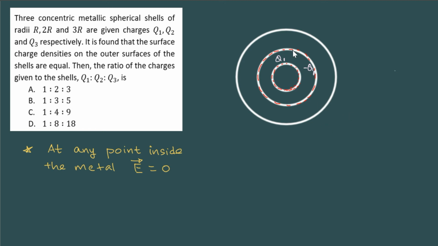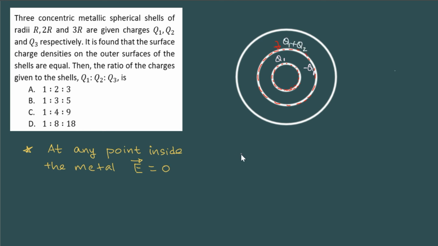You have placed Q2 charge on the middle shell. It is isolated, so the total charge should stay as Q2. So on the outer surface of the middle shell, the charge must now be Q1 plus Q2.